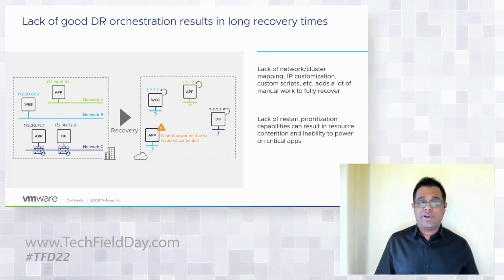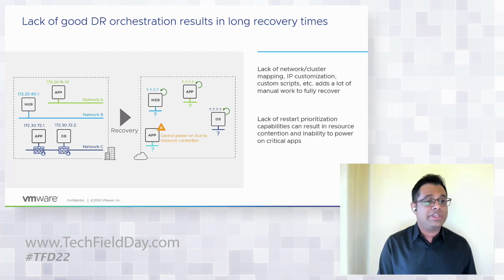It's fine to recover a handful of VMs manually, but when you're talking about massive scale, maybe dozens or hundreds or even thousands of VMs, that's when this becomes really a challenge, and it really adds to your risk and the cost of your downtime.